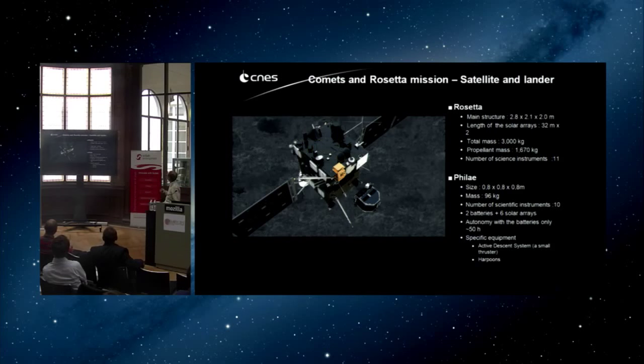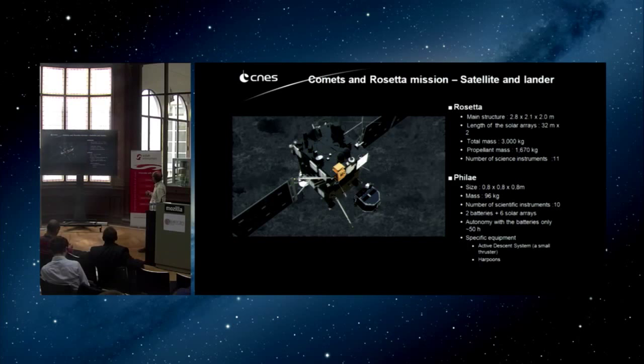It's the length of the solar arrays, very long, because the Rosetta spacecraft has been very far from the Sun. Such solar arrays were needed in order to supply the electrical power that was necessary to maintain the spacecraft in good order.